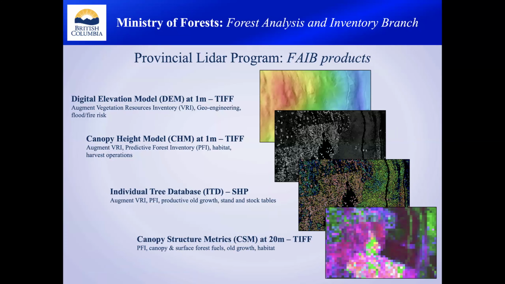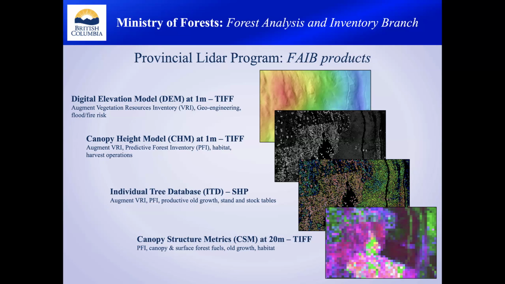So for some of the products that we're producing, they're very standard products that everyone would be familiar with, especially at this meeting. So the digital elevation model, or bare earth model, we're producing that at a 1 meter resolution. And I know for this group, I don't really have to go into the downstream applications of that, but in addition to enhancing our standard VRI, or photo interpreted inventories, there's also things like geoengineering, flood and fire risks that those products can be useful for.